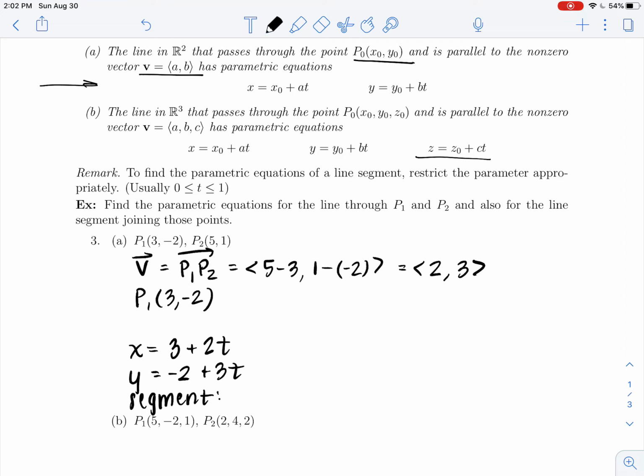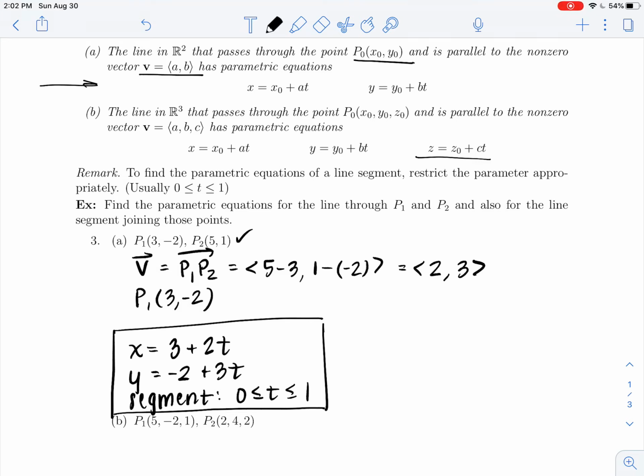So we want to begin at 0. And then we want to go up to 1 and just plug in 1 for t and test it out. If you plug in 1 for t, at x you get out 5, at y you get out 1, and sure enough, that gets you to P2.